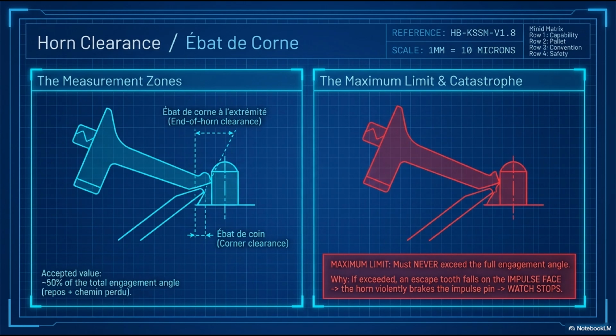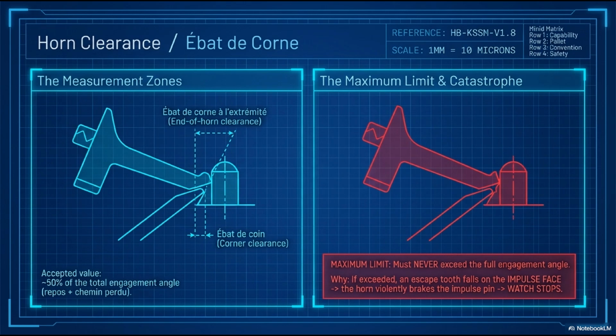The abat de coin is the clearance from the impulse pin to the inner corner where the fork mouth entry wall meets the horn face, the smallest value. Accepted value, approximately 50% of the total engagement angle. The total engagement angle is repose plus chemin perdu. At roughly half this value, the fork has a reasonable safety margin before the horn engages.